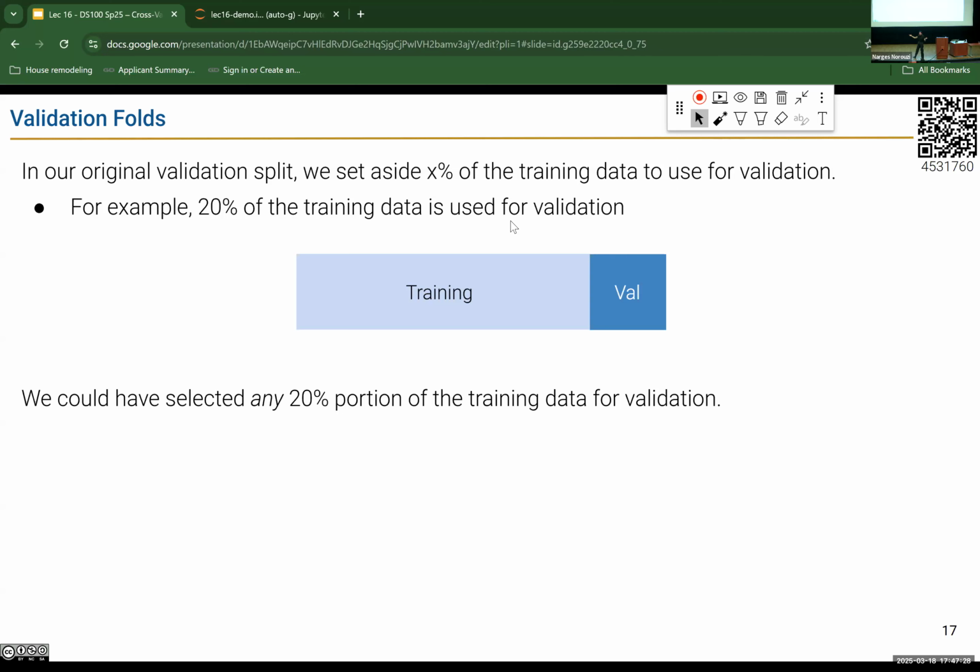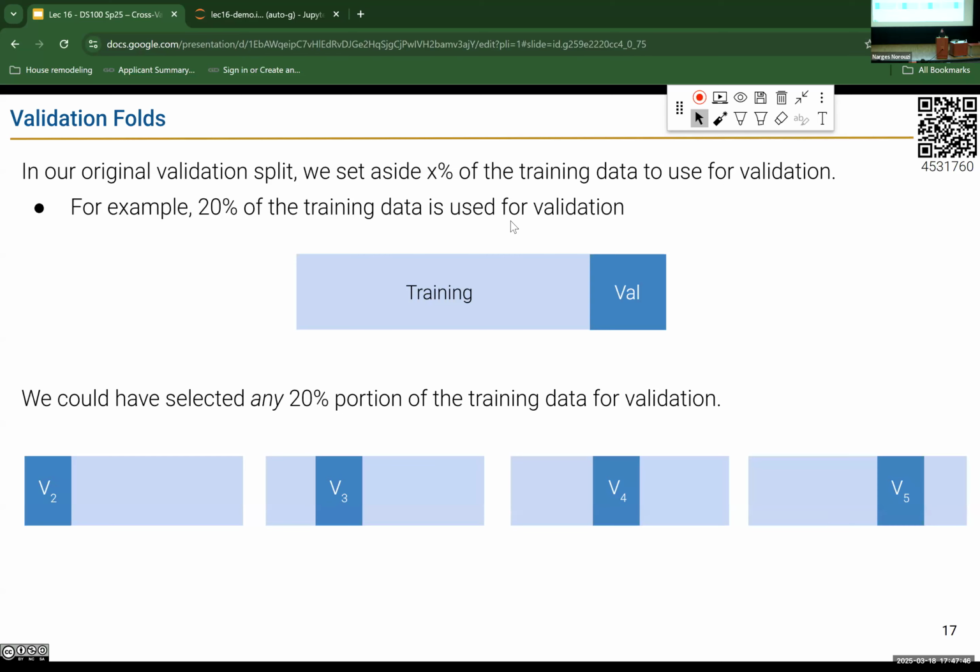And effectively, this entire modeling pipeline will look at the average of what's happening over multiple different rounds of modeling. So what I described was, if I'm picking 20%, what if I pick the first 20%, second 20%, third 20%, fourth 20%, or the last 20%?